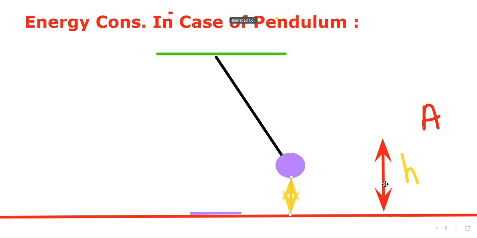So its gravitational potential energy will decrease. Suppose this new position is position C. At position A, its height was large, so its gravitational potential energy was large. At position C, its height is comparatively decreased, so its potential energy is also decreased.